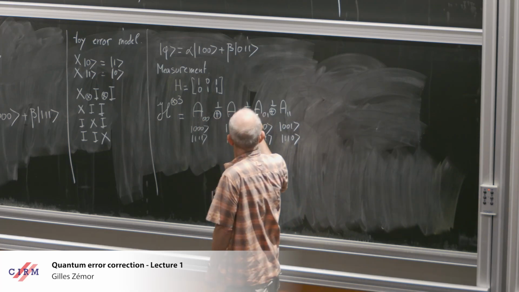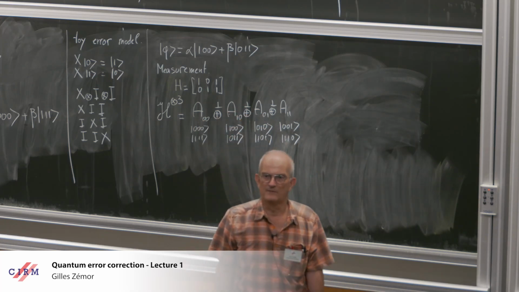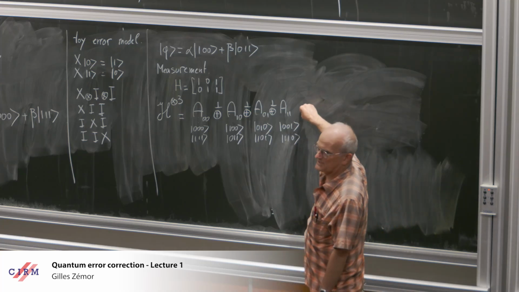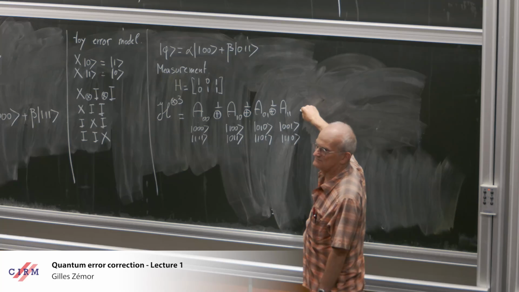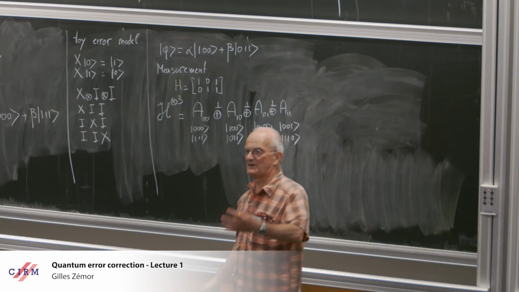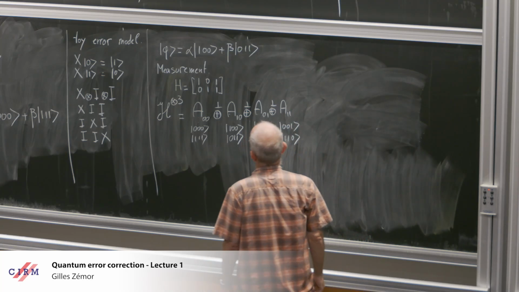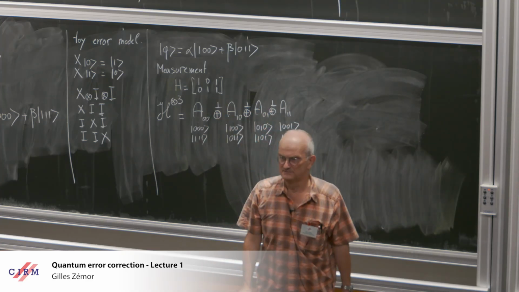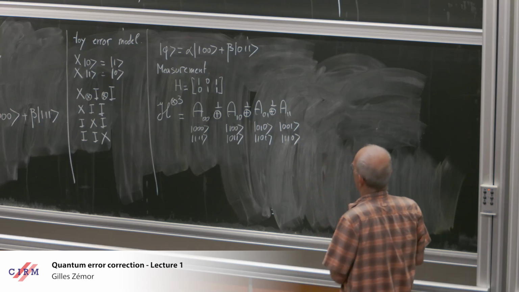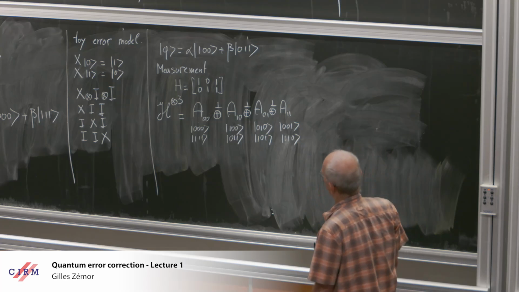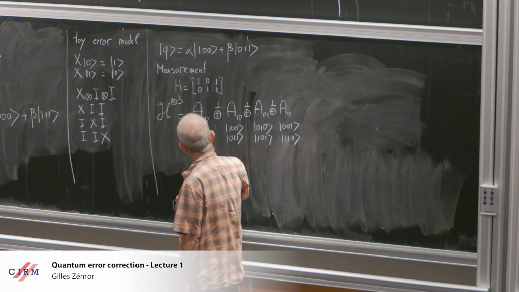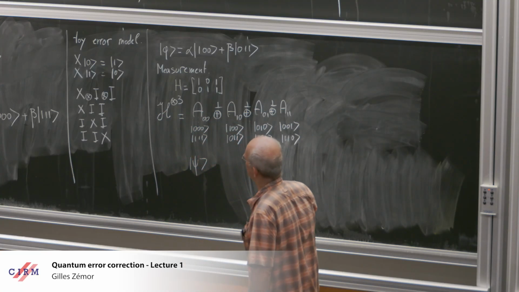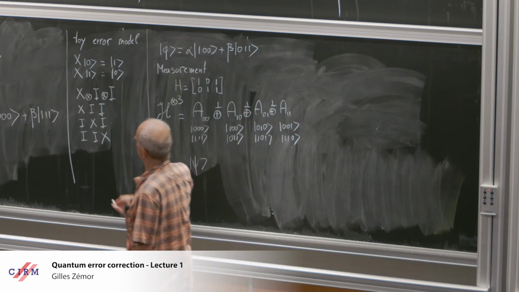Obviously, these four spaces are orthogonal to each other, and we have this orthogonal direct sum decomposition. So we're allowed to do a measurement that will project onto these spaces. And you see that the original state actually belongs to A_{0,0} by construction.